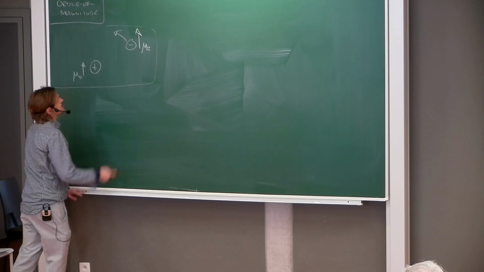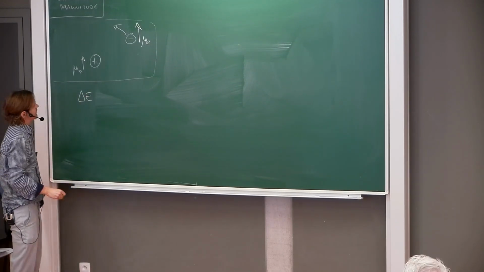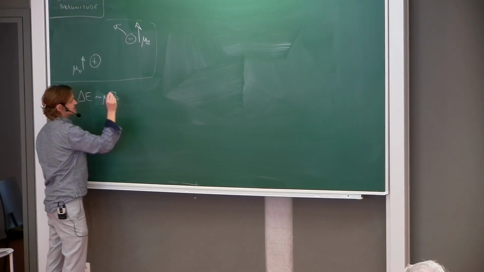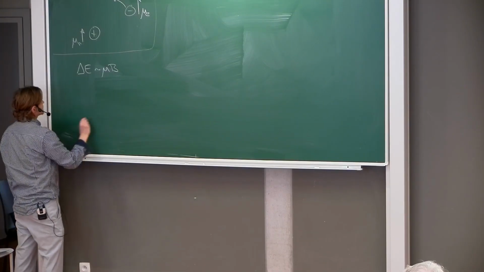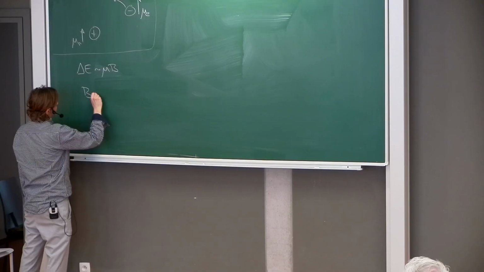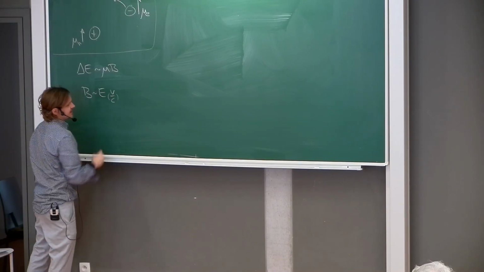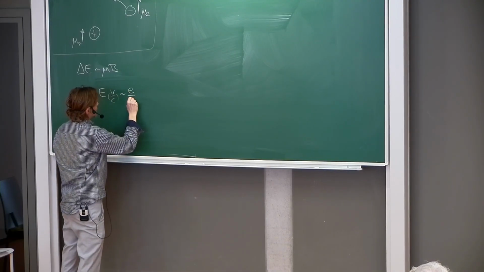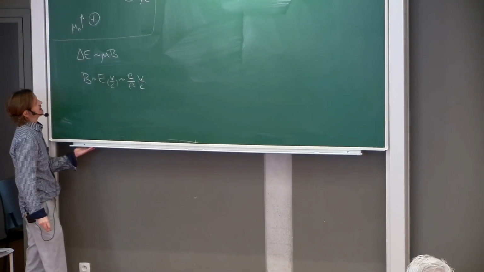The energies involved for this moment will be proportional to the magnetic moment times the magnetic field. From Maxwell, we know that the scaling of the magnetic field is on the order of e times v divided by c, Lorentz, which will then be e r squared, the proton v divided by c.